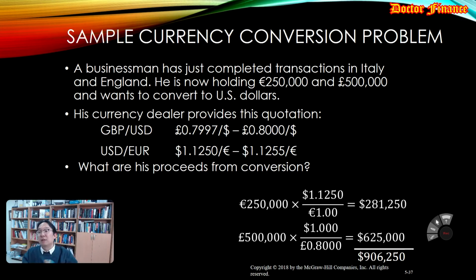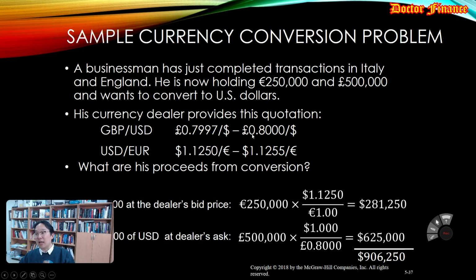Here's a currency dealer's quotation. British pound to US dollars: 0.7997 pounds per dollar to 0.8 pounds per dollar. That's when the dealer wants to buy and sell dollars, right?